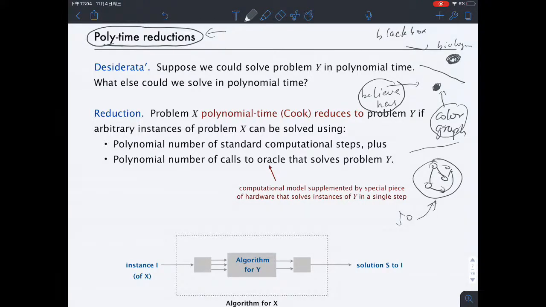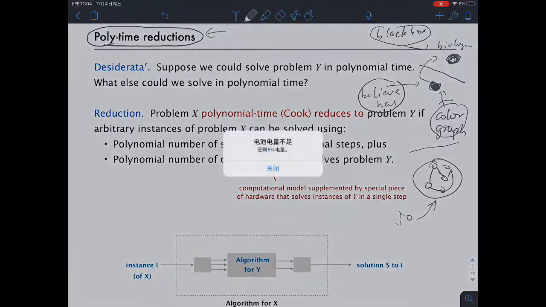On the other hand, if we are able to somehow transform the graph coloring problem into a problem that can be solved by this black box, and indirectly solve the coloring problem using this black box, then basically we can claim that, wow, this black box is so powerful, it can solve both the biological problem and the coloring problem, right?